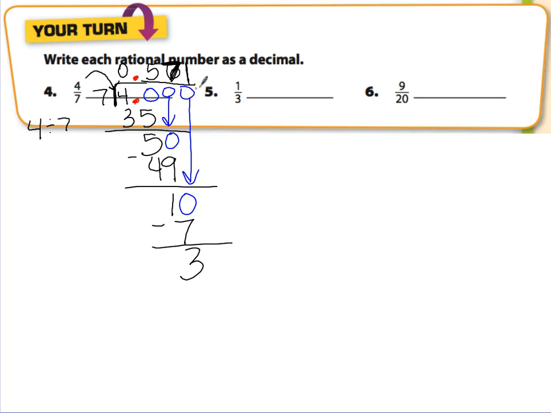Add another 0. How many times does 7 go into 30? Well, it goes in 4 times. Minus 28 gets me 2. Okay, and then I would add another 0 and bring it down.